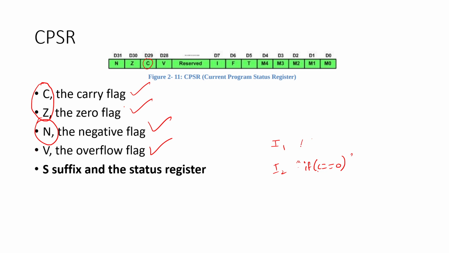That means this must be something like ADD R1 comma R2, or some other instruction which might affect the carry flag. The reflected carry flag effect will be shown in the succeeding instruction only. So these are the different flags.